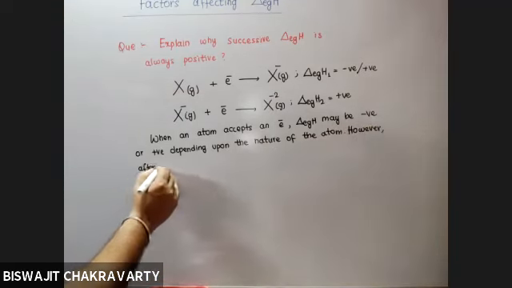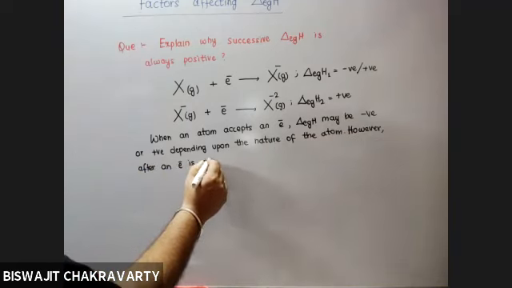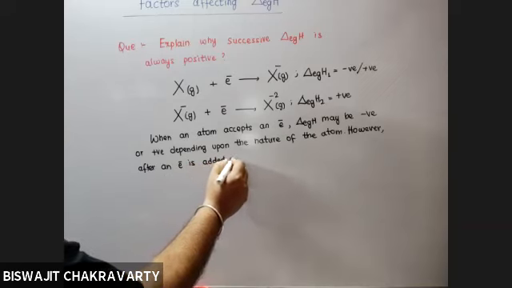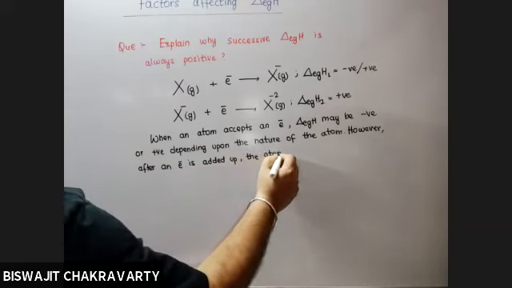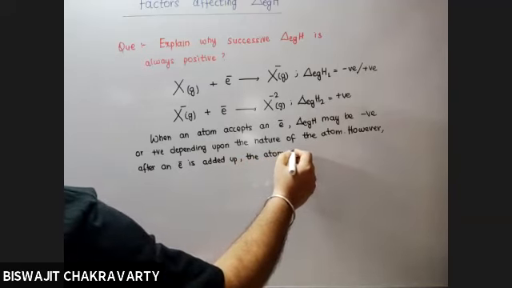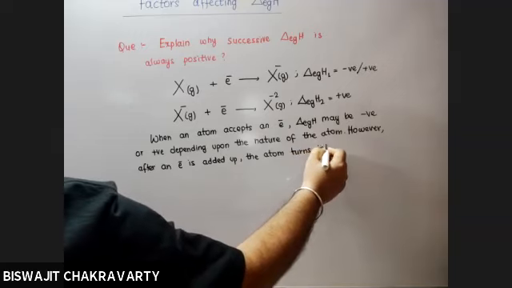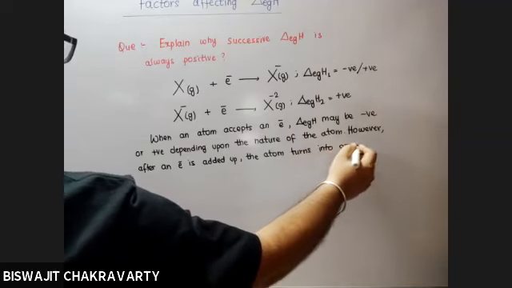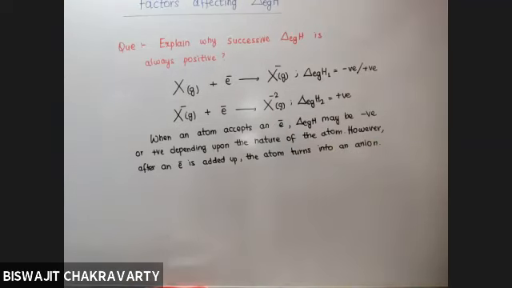However, after an electron is added, the atom turns into an anion. So it develops a negative charge.